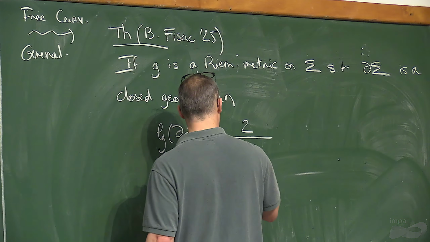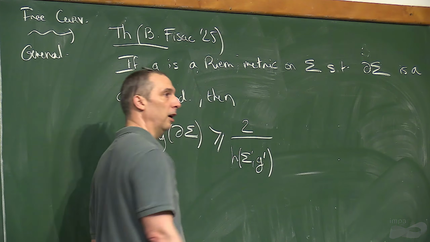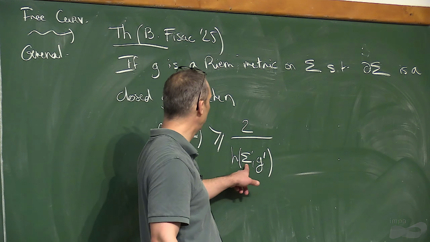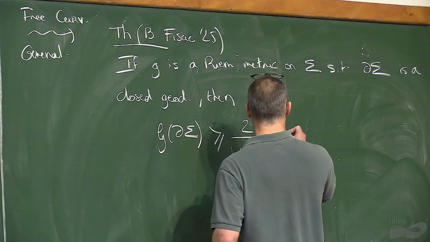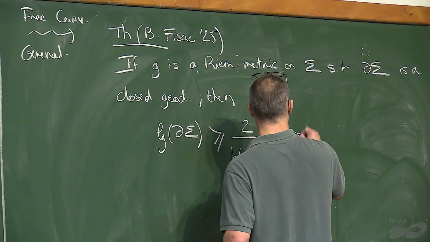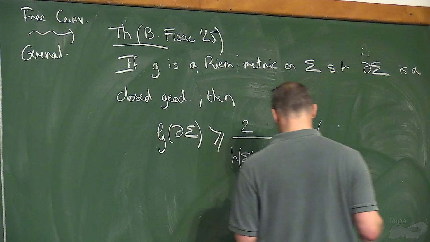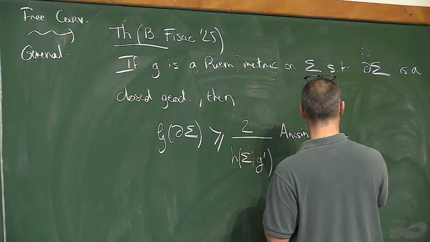Here you have some entropy, but I will explain in a few minutes what this is, sigma prime, okay, times arcsinh, and the sum, as always, over the orthospectra.